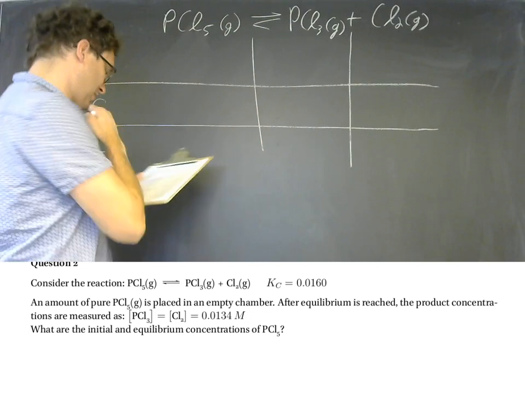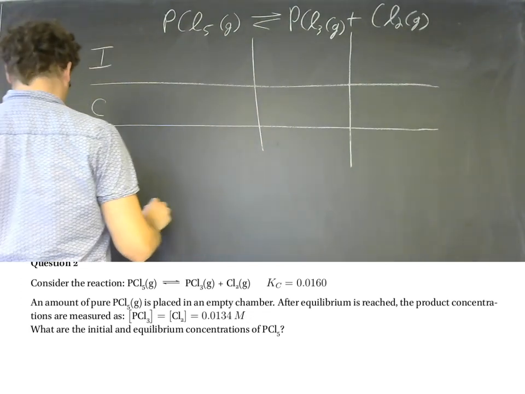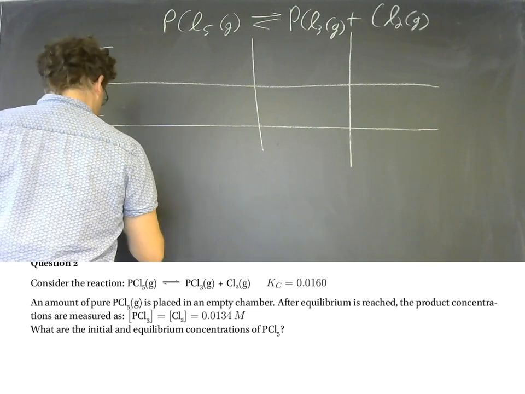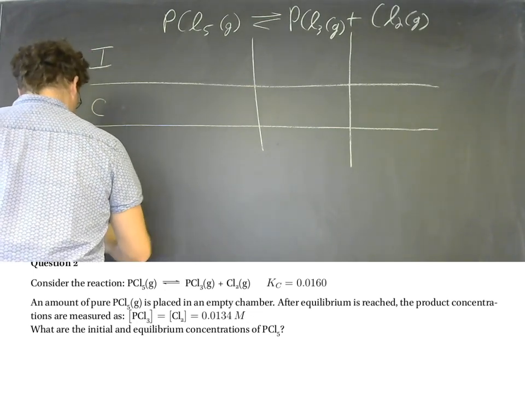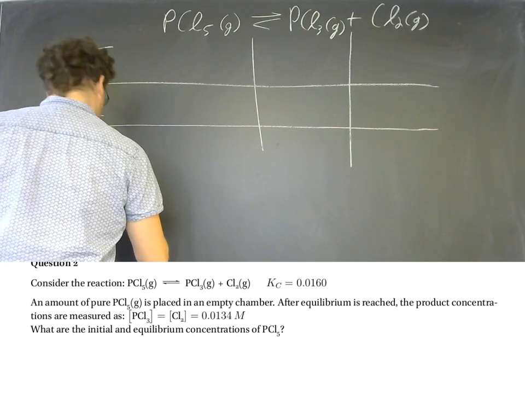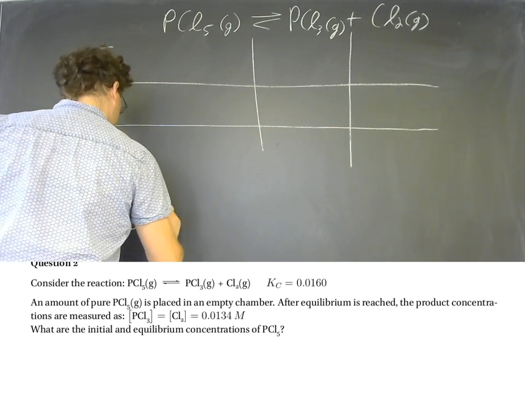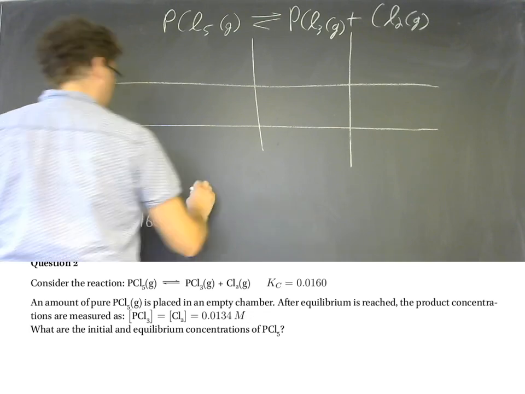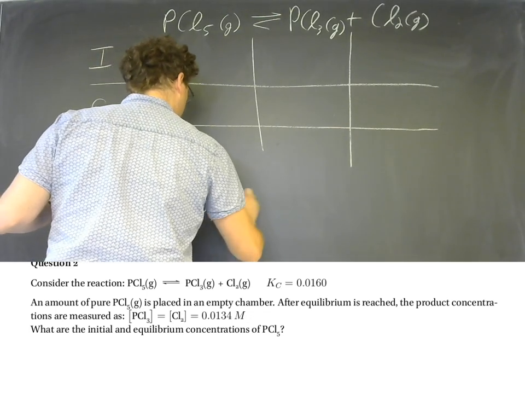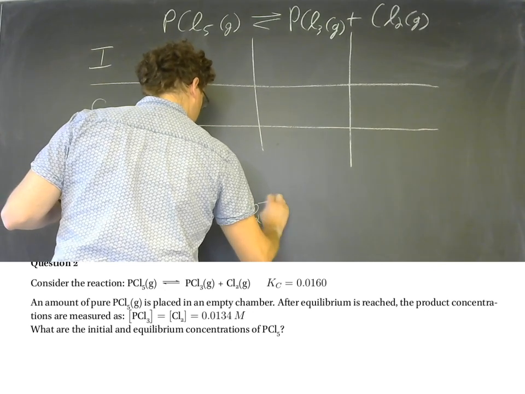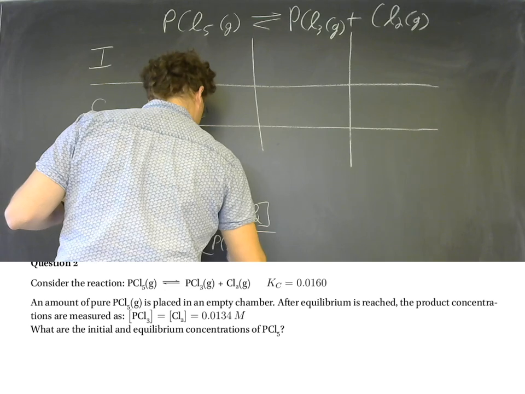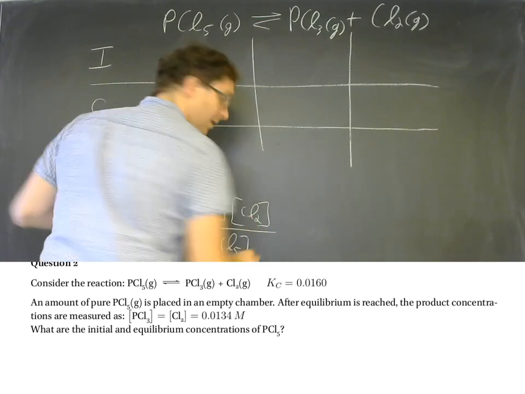And our equilibrium expression, we know that the Kc is equal to 0.0160, and that's going to equal the concentration of PCl3 times the concentration of chlorine gas over the concentration of PCl5.